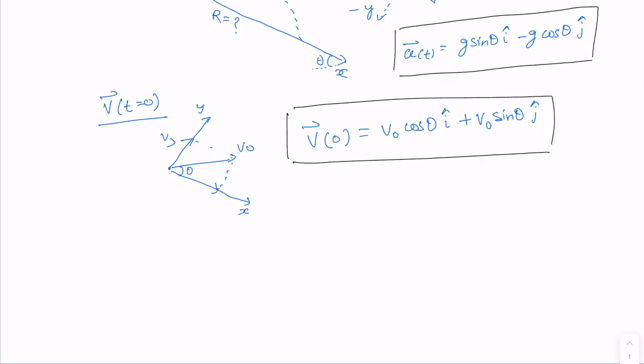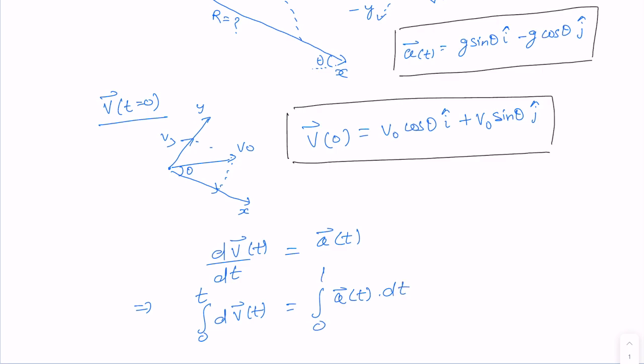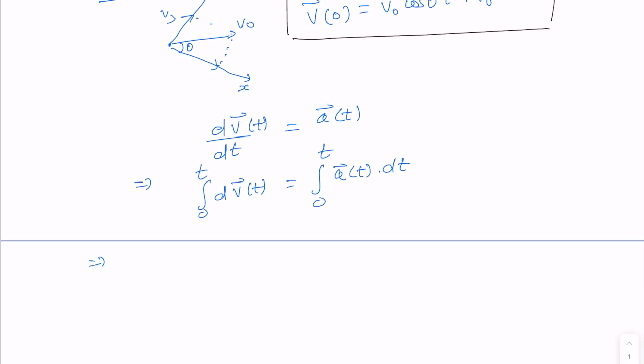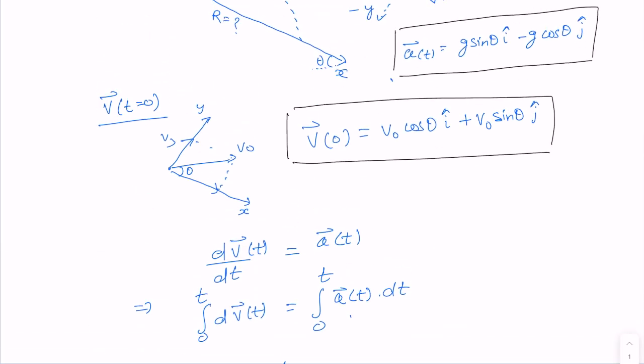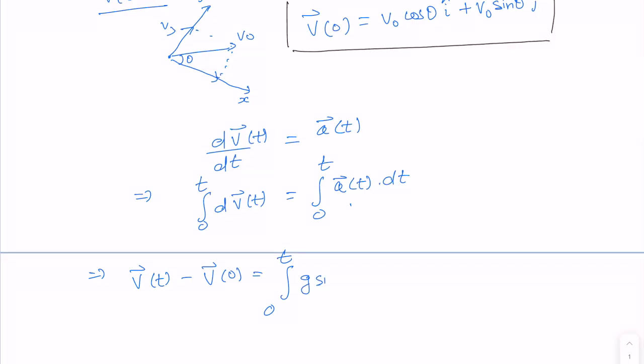Now we know that dv(t) by dt is a(t). Hence, the integration of dv(t) between 0 and t is the integration of a(t) dt between 0 and t. So this implies that v(t) minus v at 0 is, let's substitute the value of a(t) from here. So g sine theta i minus g cos theta j dt.